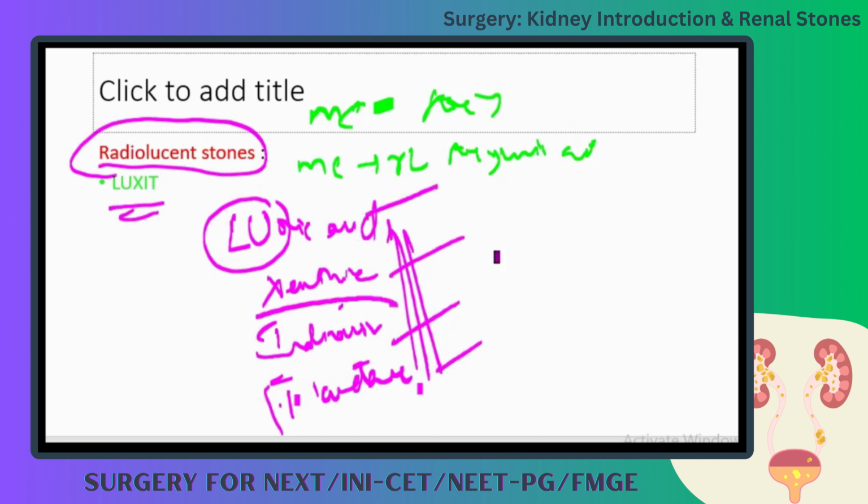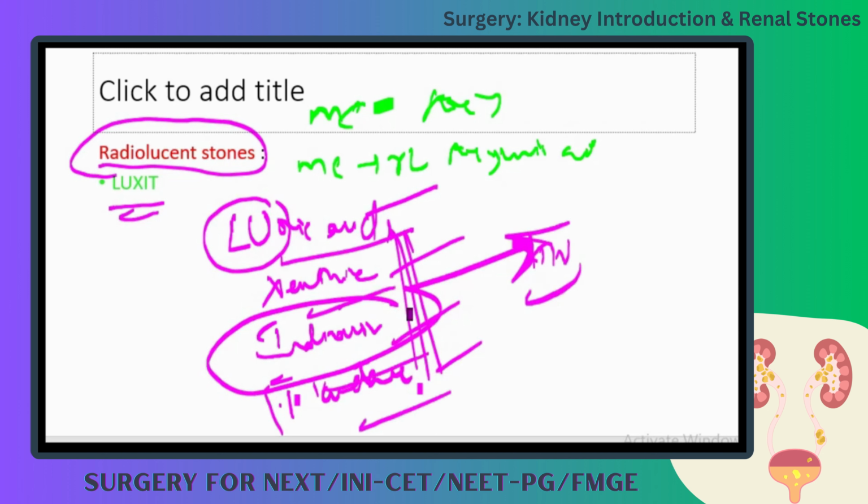Where is indinavir used? HIV. These are all radiolucent. Out of this, the most common is uric acid. Clear?